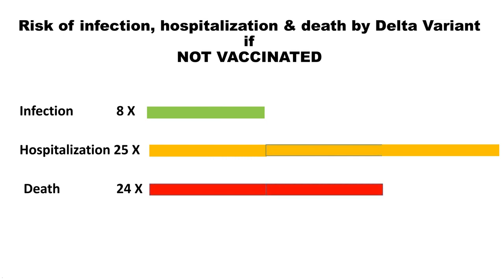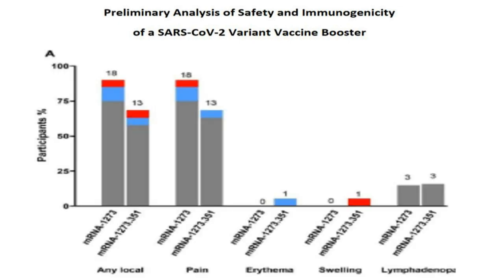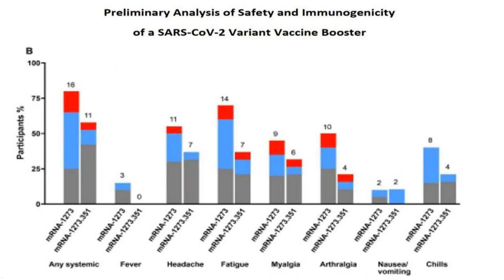So the vaccination provides significant protection against hospitalization and death and some protection against infection. There has also been a trial with variant vaccine, so that instead of the original Wuhan strain, the variants, especially the Delta variant, have been tried, but Alpha, Beta and Delta have all been tried, and they found that safety was there and so was immunogenicity.